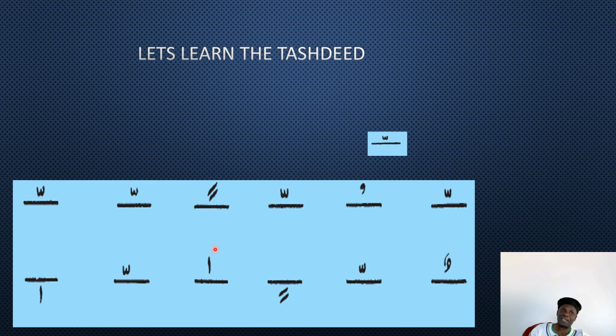So fatha muqaddara is used to prolong that letter. Here, fatha is a tanween, we're creating the word tan, but here we are prolonging it. I just want you to remember that when we go through.